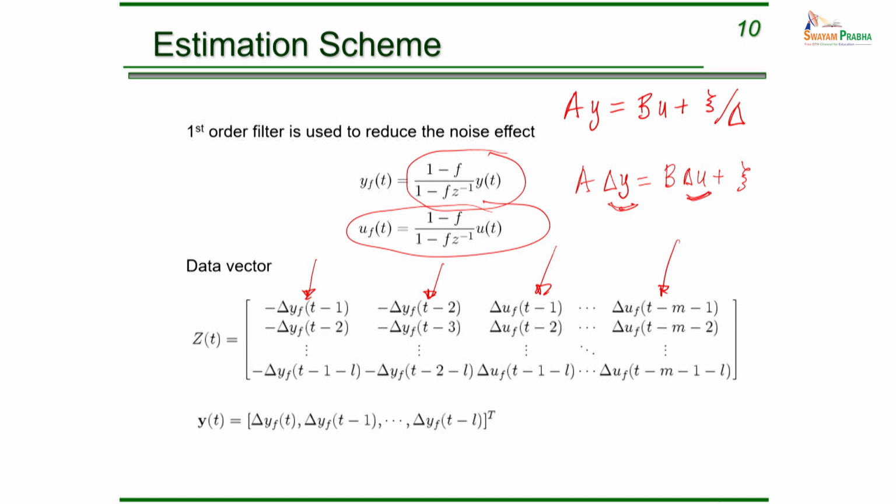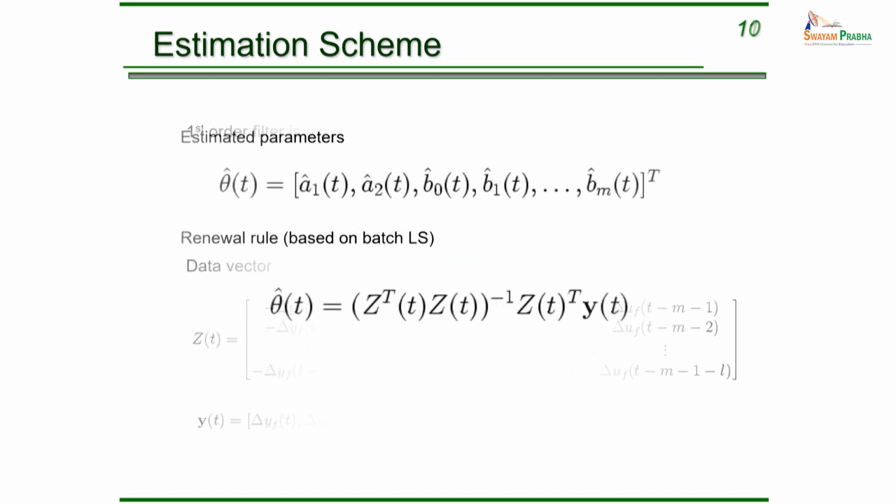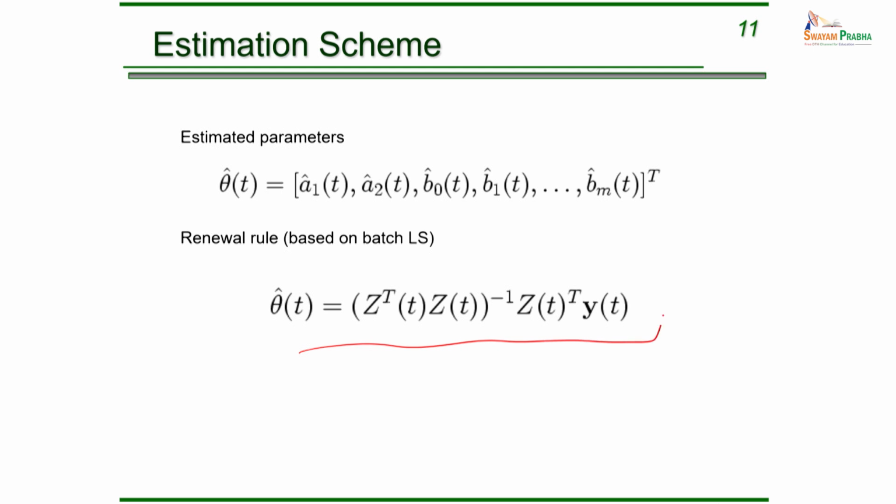So here we've configured the data matrix, and here is the output vector at the bottom, and we would apply this least squares solution to obtain estimates of theta hat, which consists of estimates of A1, A2, B0, B1 up to Bm. Many more B parameters than A parameters, because we need to capture the delay in the input.